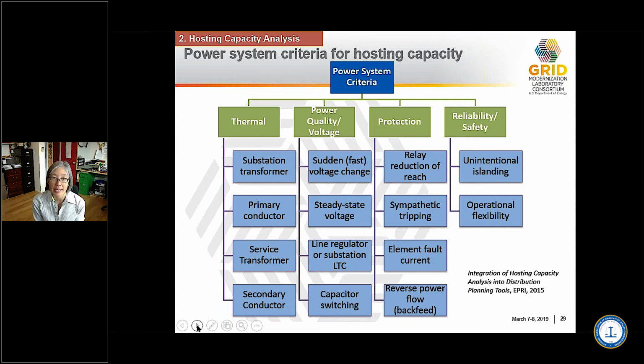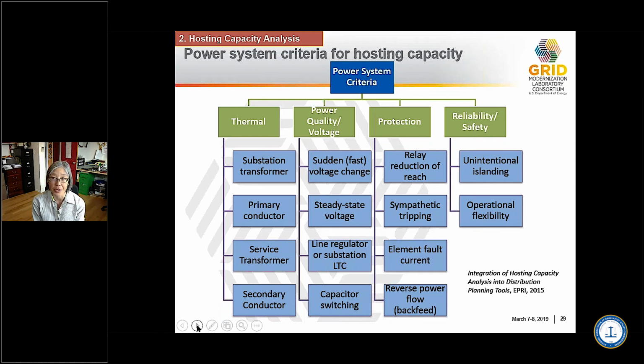For example, that first box that says relay reduction of reach is something that a lot of people don't intuitively understand, but the idea is that protective relays cover a certain region, in a certain location. And if you've got PV that's downstream from that area, that may be masking some of the current and causing that relay to actually be protecting a smaller area than it should be protecting.